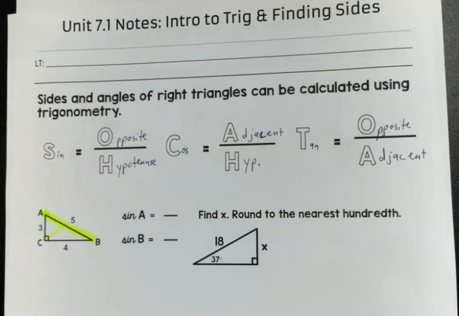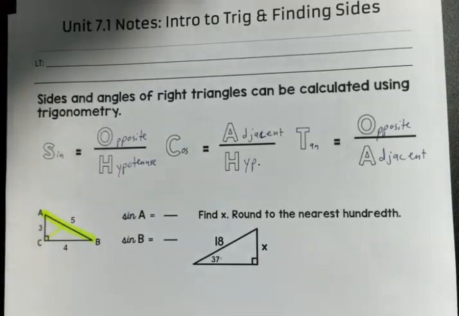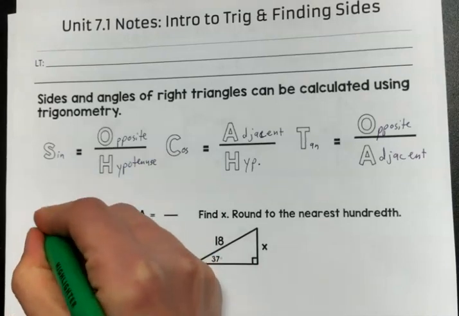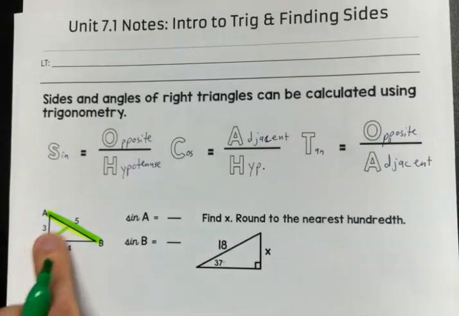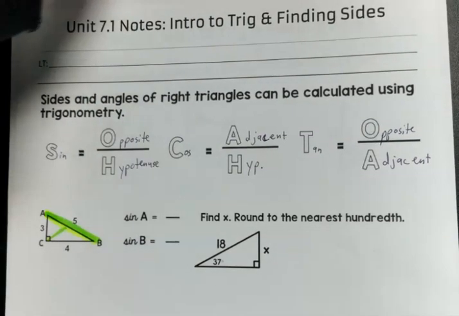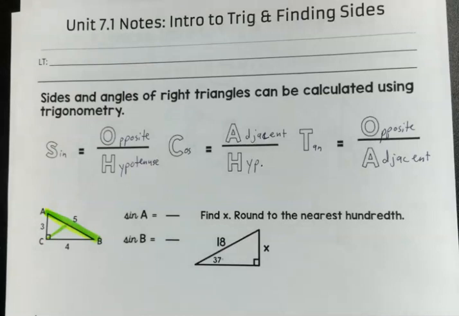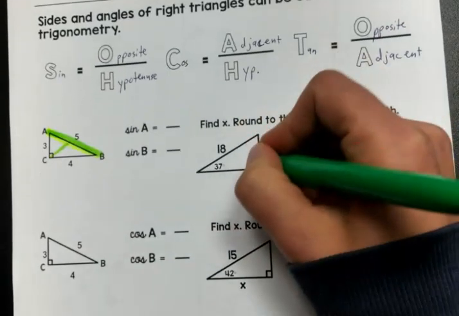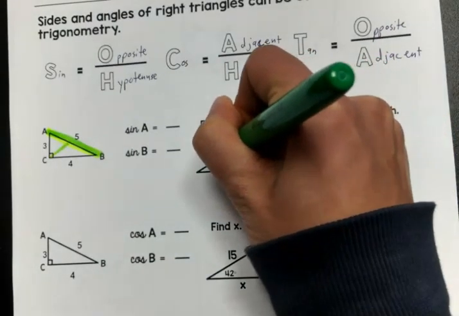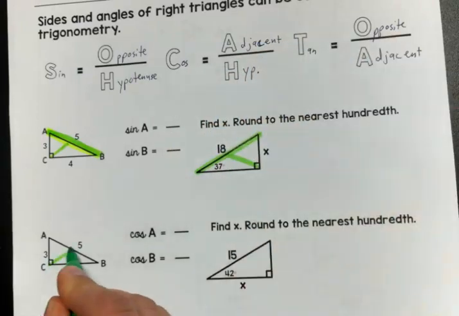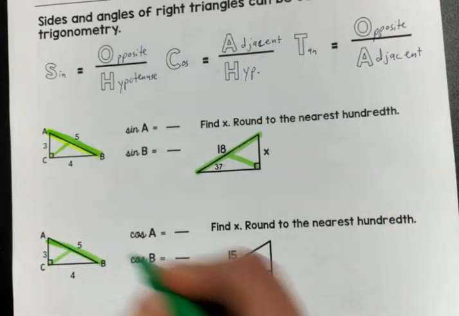Okay, so the first thing to make things easy for myself, actually this yellow doesn't seem to be showing up much in the video, so I'm going to go ahead and find my right angle and then highlight my hypotenuse on all these triangles so that it makes it real easy for myself to identify that side, because you need that side identified for everything. All right, so here's my right angle, go across from that, that's your hypotenuse. Here's my right angle, go across from that, that's your hypotenuse.